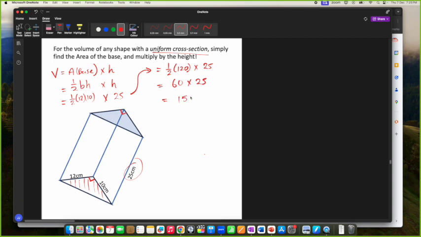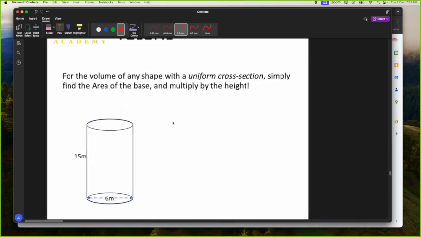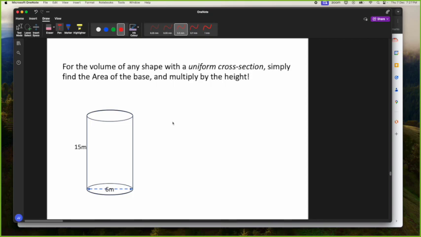Actually, Sabira, all of the people who said 1500 were correct. 1500 centimeters cubed. What is the volume of this cross-sectional shape here? This is not surface area, volume.